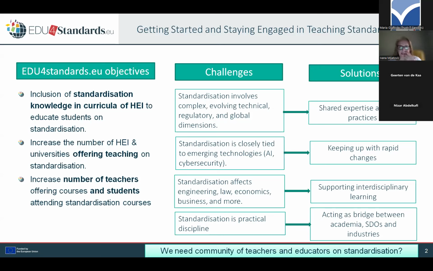Standardization is a highly practical discipline, so actively involving industry representatives, representatives from SDOs, and so on, is something that we know represents good practice. But we see that we need to establish a community of teachers and educators on standardization. So we need more experience and more sharing of that experience.